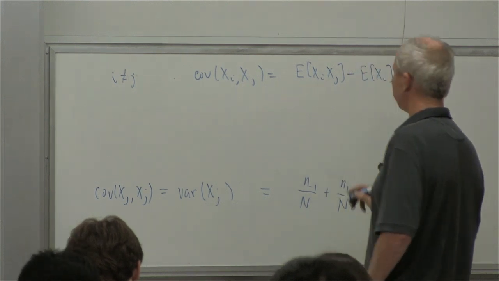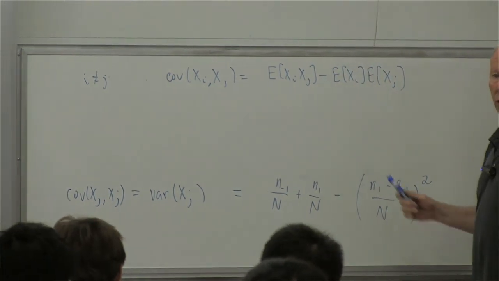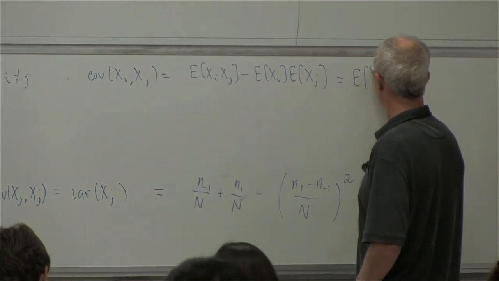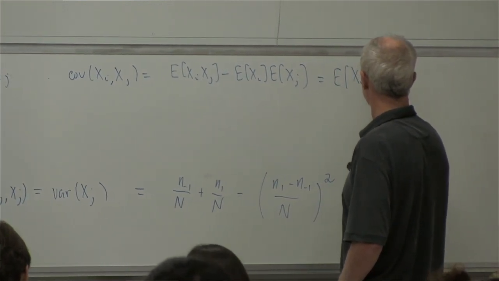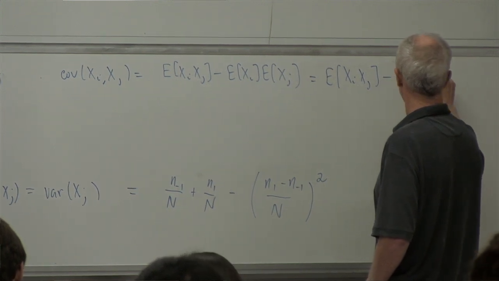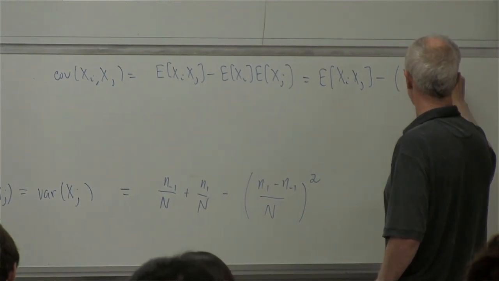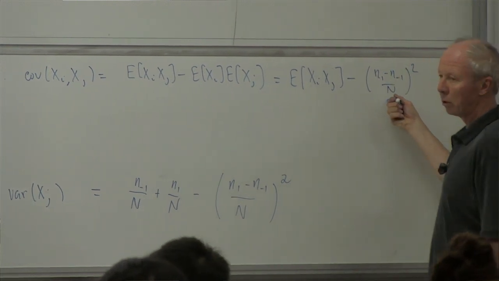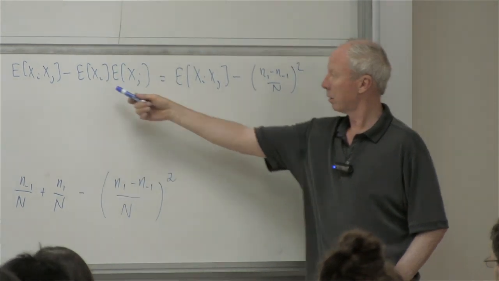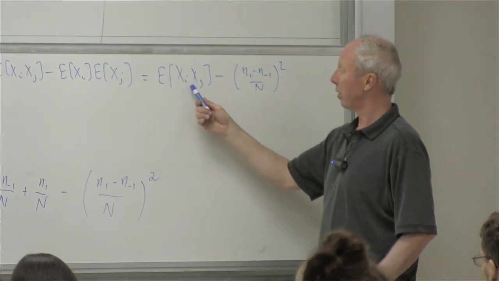Well, the covariance is given by this. We know what these are. Each one is the true mean of the population, here and here. So we need to figure out this.